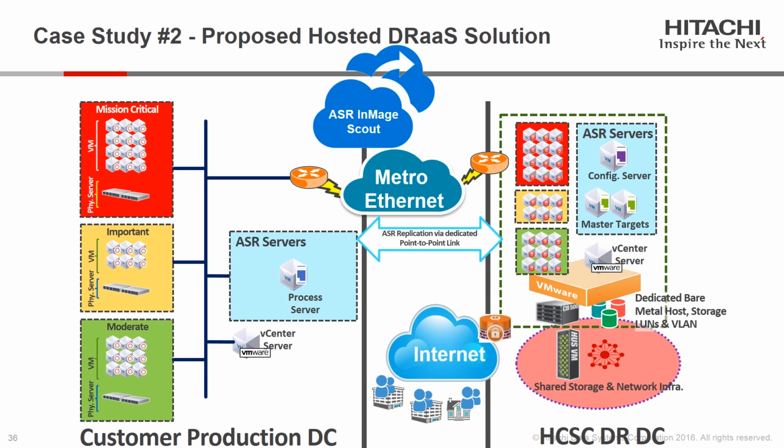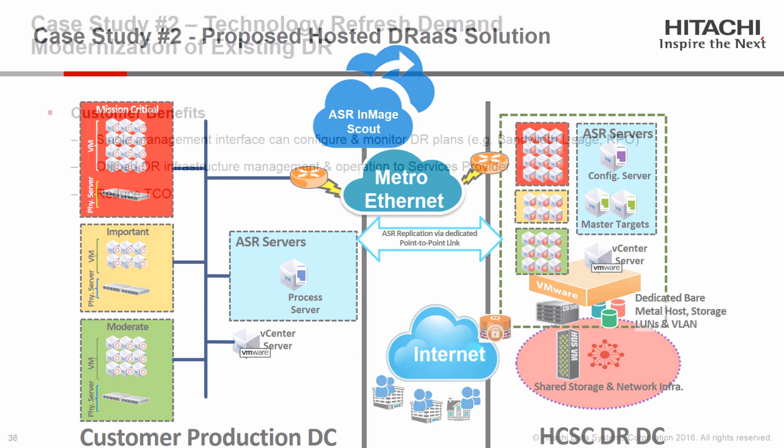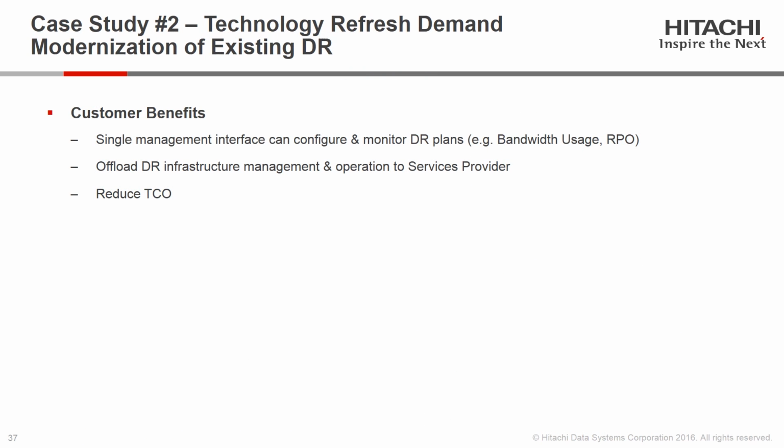Using ASR, physical and virtual machines are replicated to the Hitachi hosted DR data center via a dedicated point-to-point link. With the hosted DR as a service solution, all it takes is a single management interface to configure and monitor DR plans like bandwidth usage, RPO, etc. There is no reliance on multiple consoles, thus reducing complexity and increasing productivity.